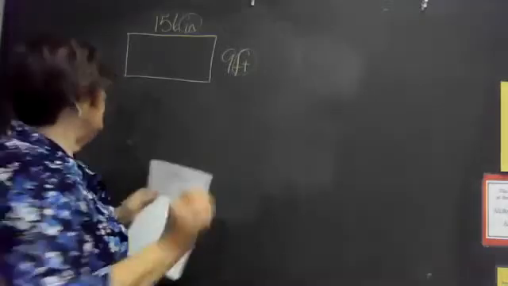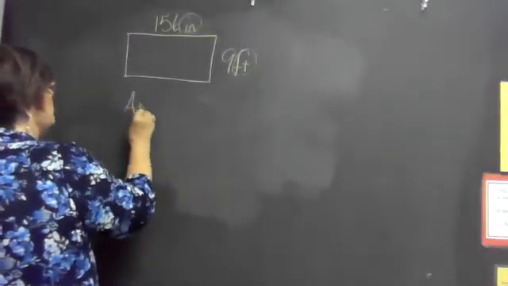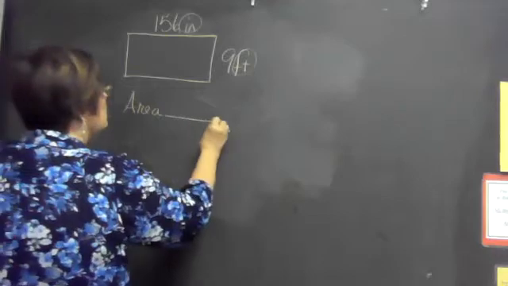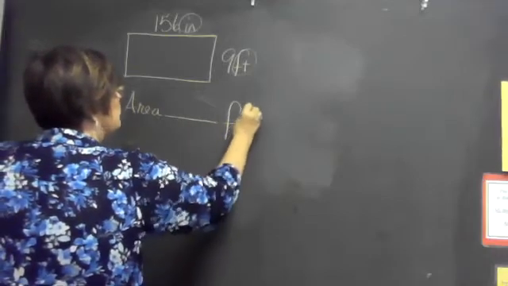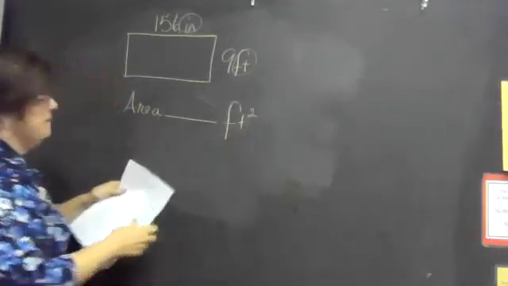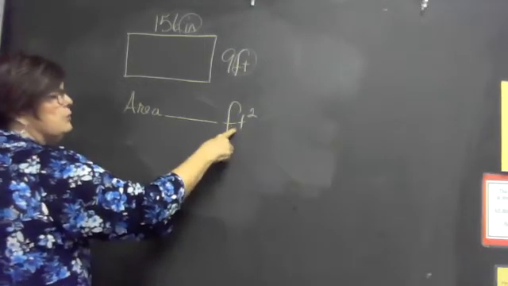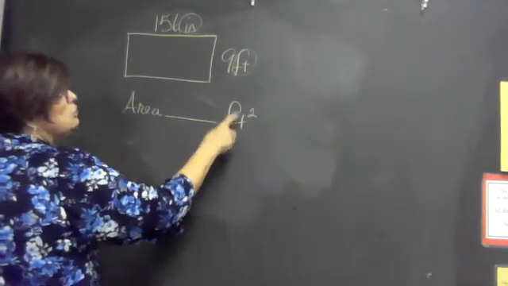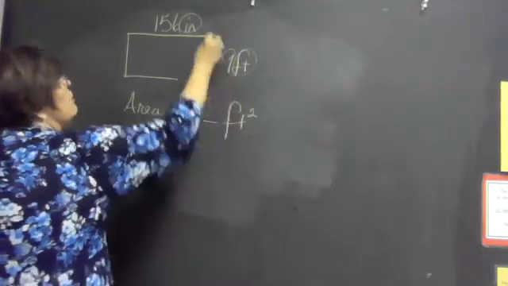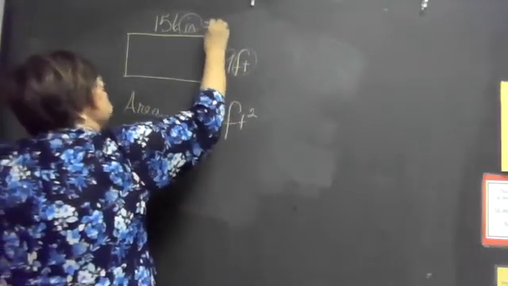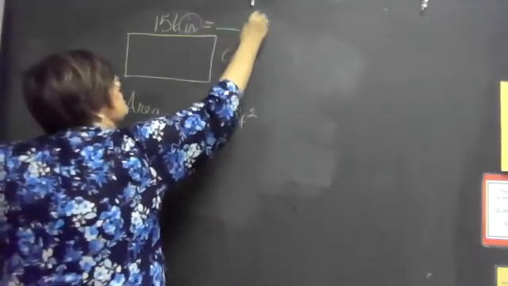The way we decide is down at the bottom, where it says area equals, and then feet squared. It tells us feet squared. So we know we want everything in feet because that's what they want the answer to be in. So this one is okay. This one we're going to have to convert to feet.